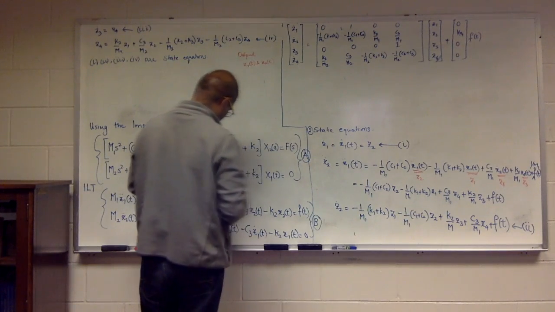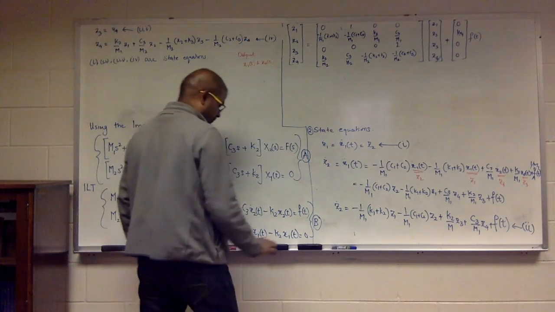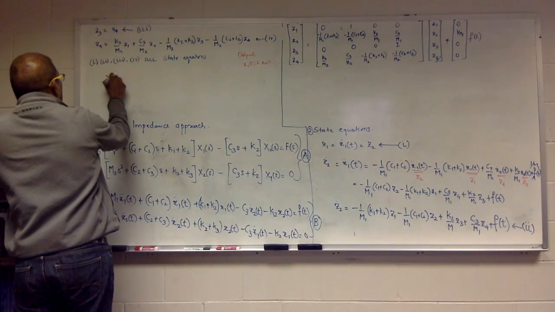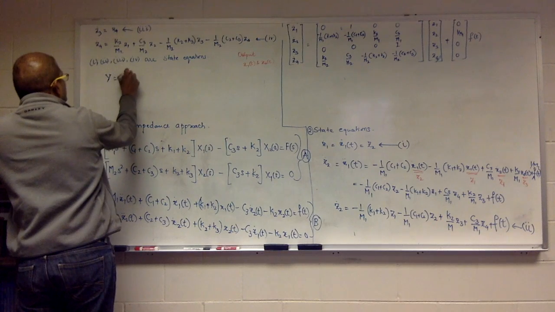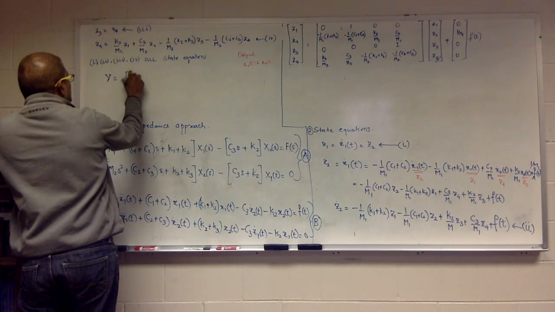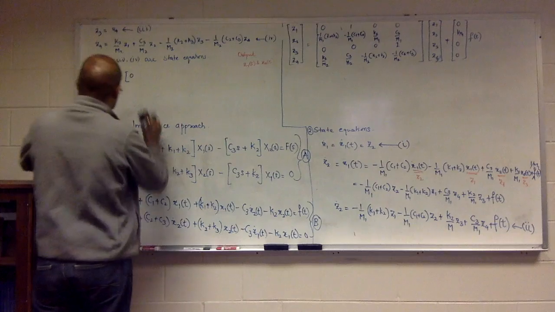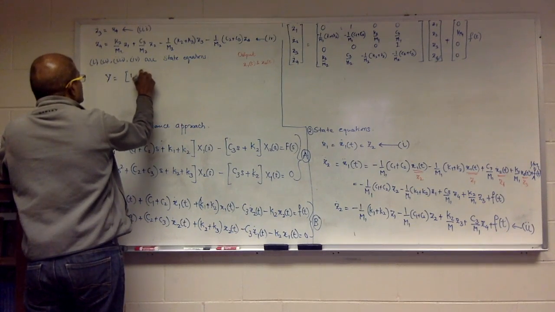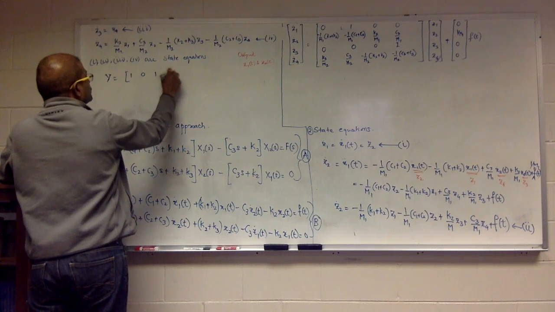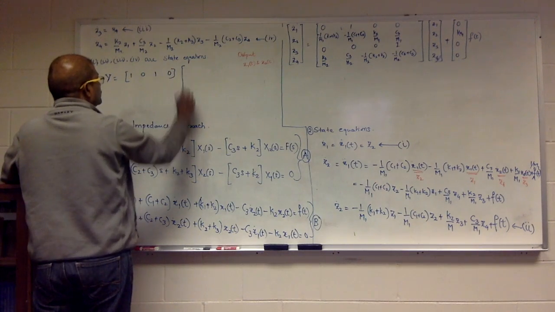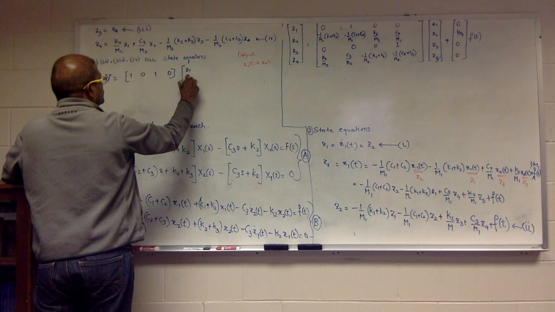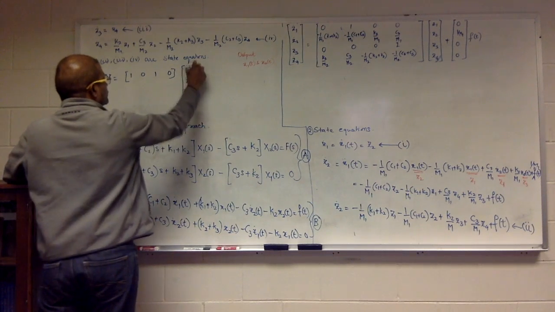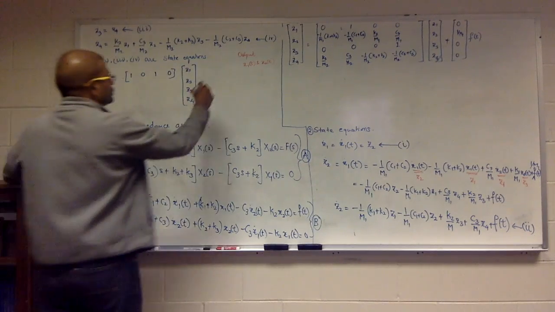This output equation becomes y, which is the output, equal to 1, 0, 0, 0, 0, 0, 1, 0 for this output.